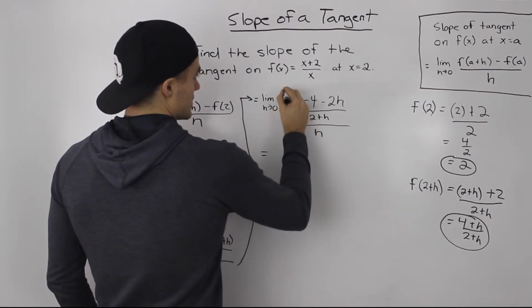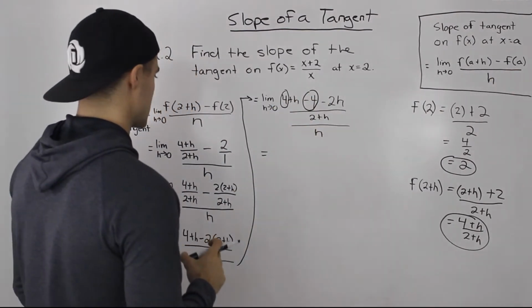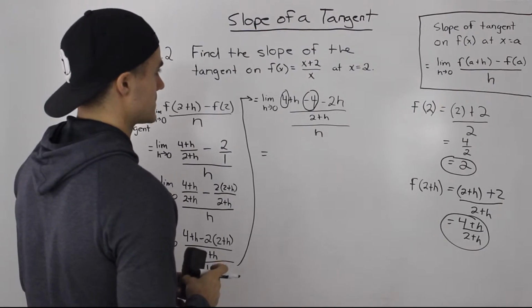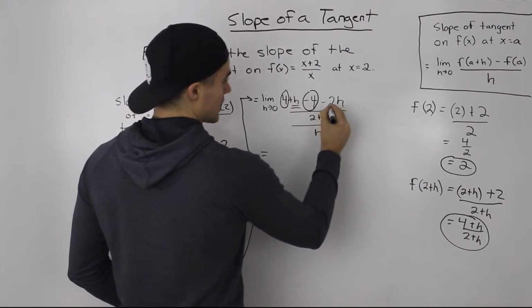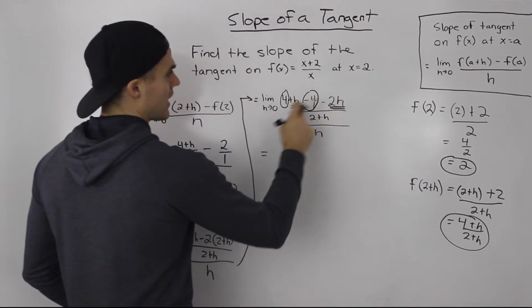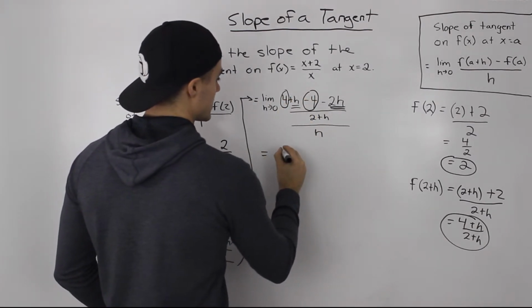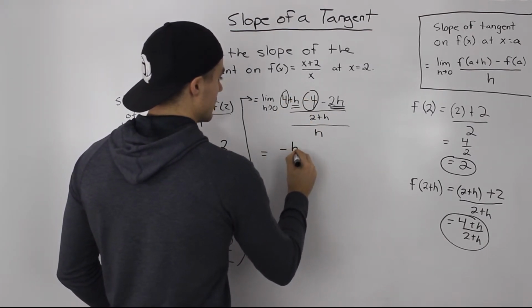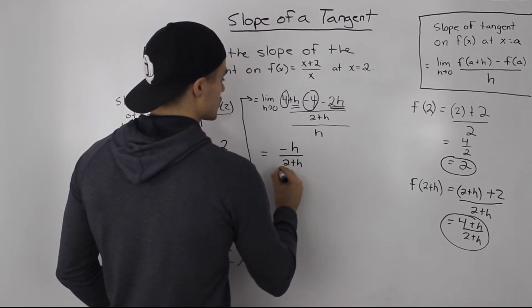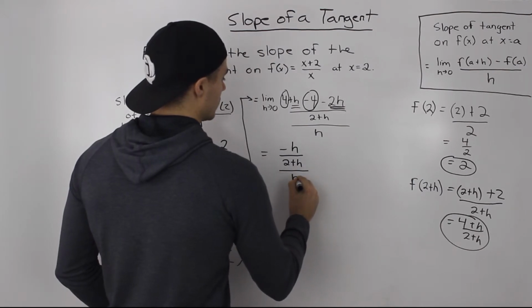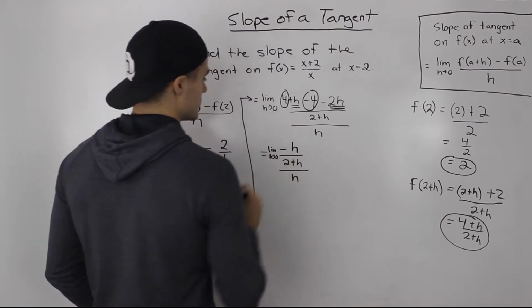If you could see here, this 4 and this 4 are like terms, so 4 minus 4 just nets out to 0. And then we got like terms here, this h and this negative 2h. So h, there's like a 1 in front of the h, so 1h minus 2h is negative h over 2 plus h, all over h. Sorry, I forgot to put the limit as h goes to 0.